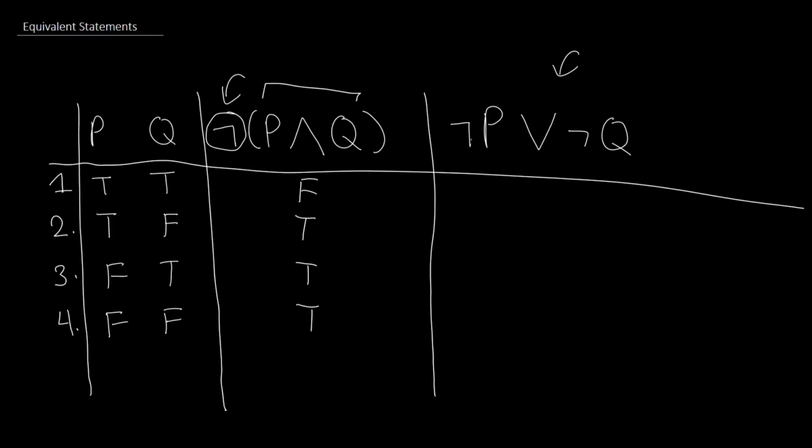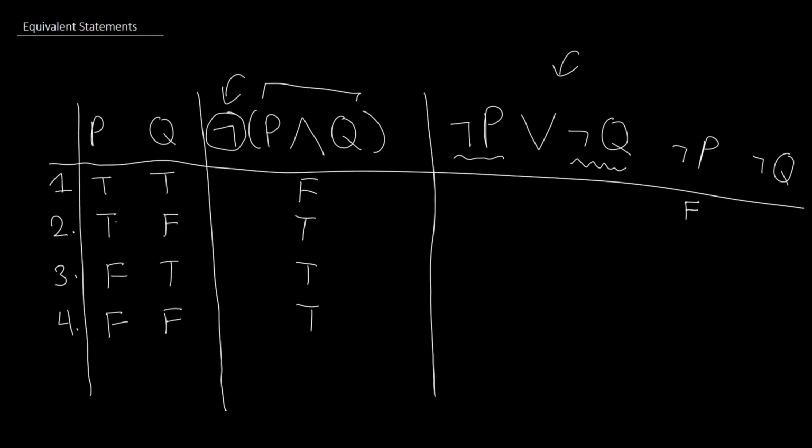Well, let's make the truth table for not P and not Q individually, and let's just do that on the side here. Not P and not Q. So if P is true in universe number 1, then that means not P should be false.